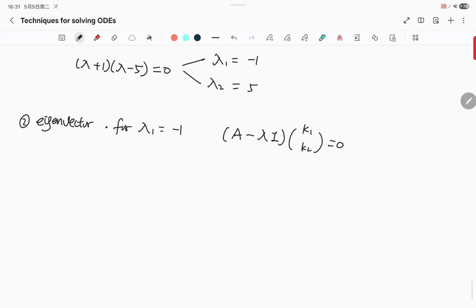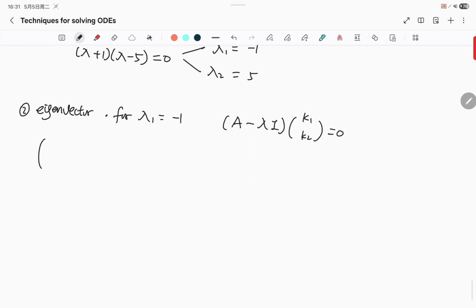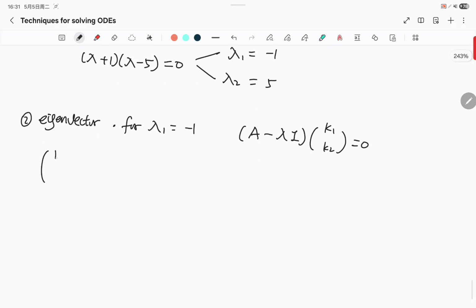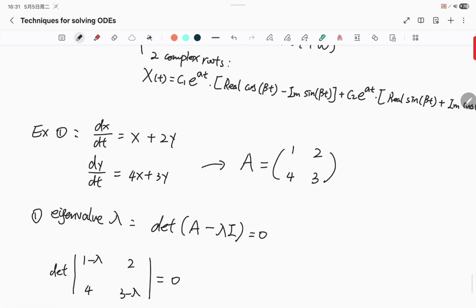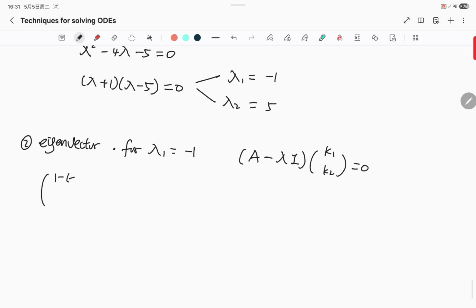So A minus lambda times I, what is that? A is this, and we have minus lambda I. We just subtract this value at the diagonal entries. So we have 1 minus minus 1, 2, 4, 3 minus minus 1, times k1, k2 equal to 0.